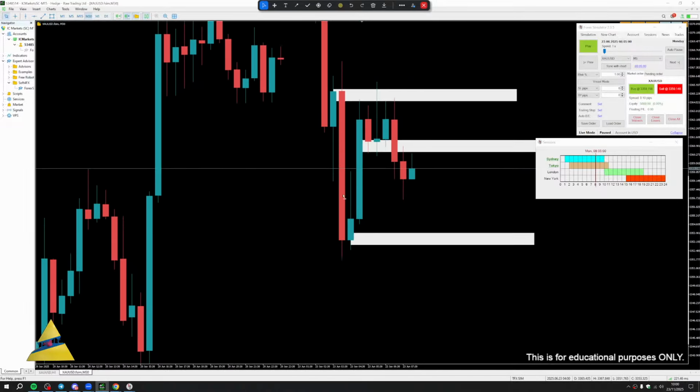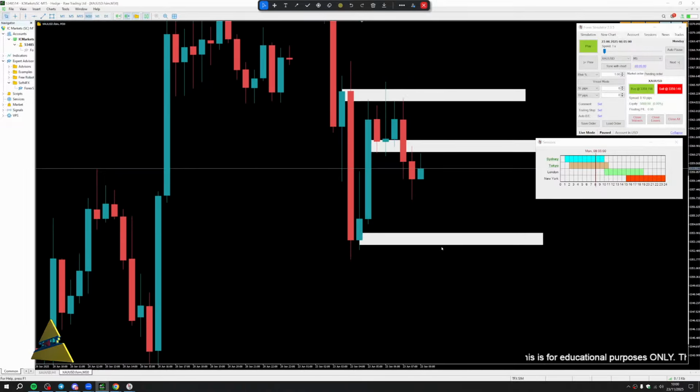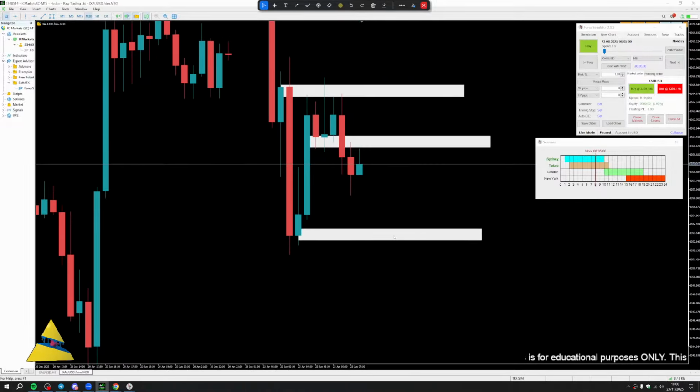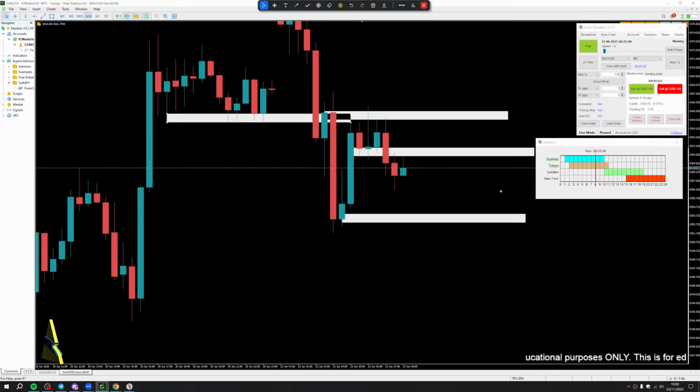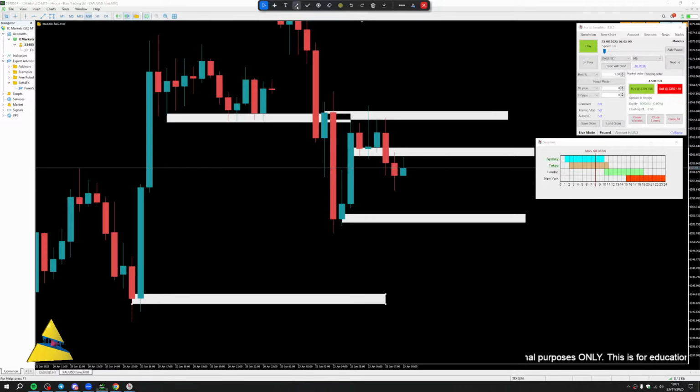But we can also see, wait, let me see where I can get this. If we get this from this side, there's a range that's currently trying to be filled right now, down towards that next support area. Correct?